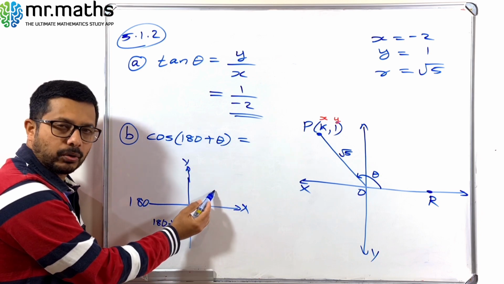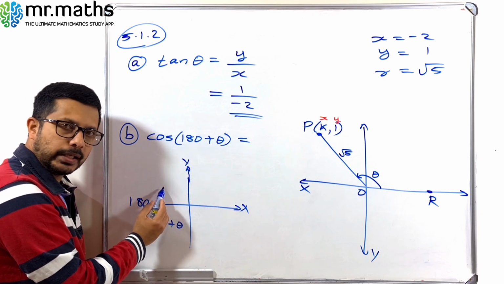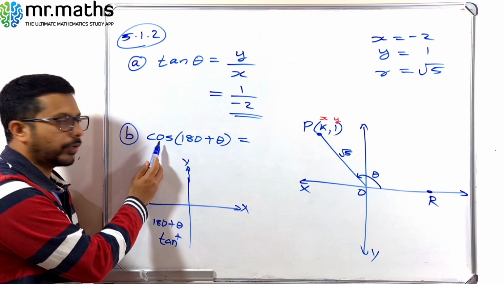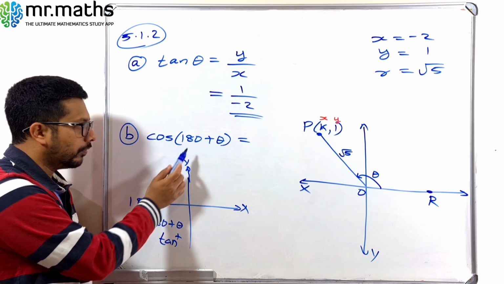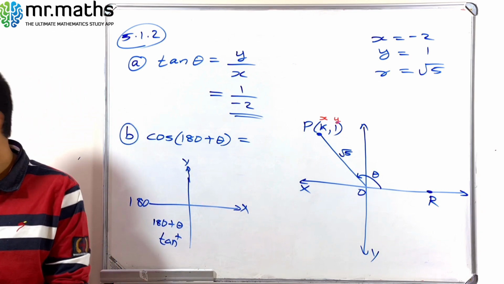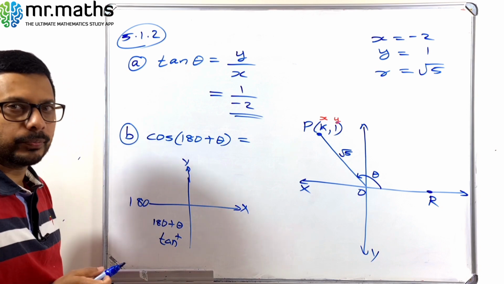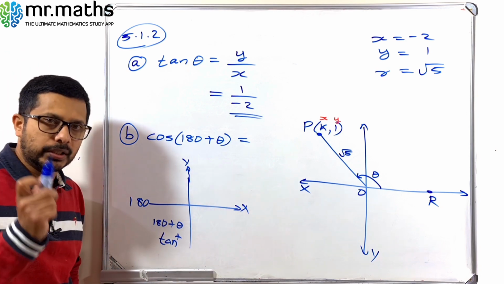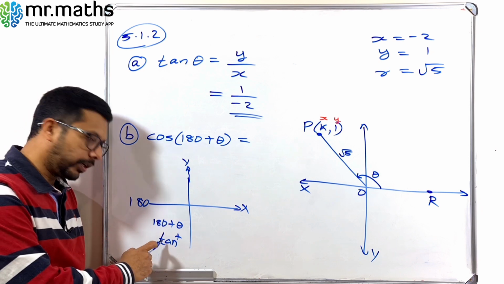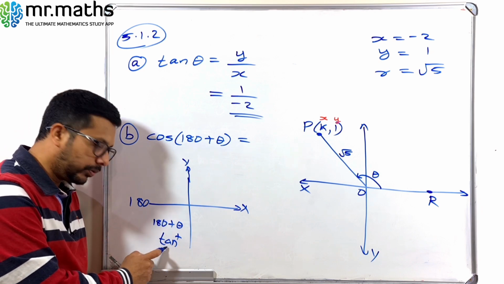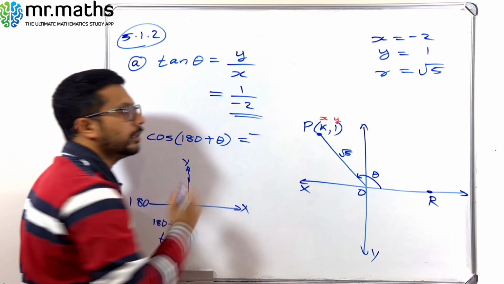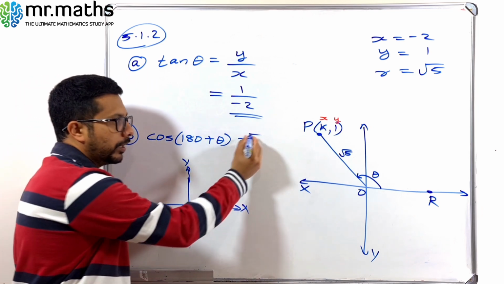Here all, sin, tan, cos: tan is positive. What do we want to find? Cos. So cos is negative. When you want to apply the reduction formula, you have to ask yourself in this order. 180 plus theta is in which quadrant? Third quadrant. In the third quadrant tan is positive, but here we want cos, so it is negative. Immediately put a negative there.